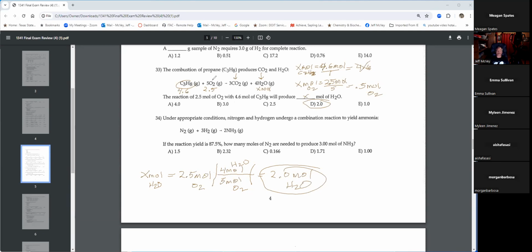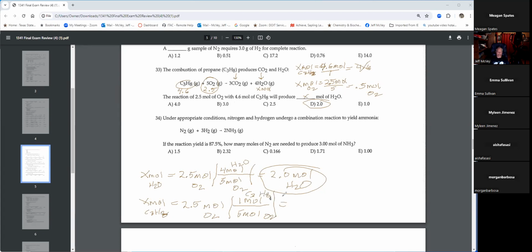Since we know that 2.5 moles of O2 are what we start with, we can figure out how many moles of C3H8 that we use. And we just start with our limiting reactant, 2.5 moles of O2. Then we do the mole to mole ratio, 5 moles of O2 will use 1 mole of propane, C3H8.